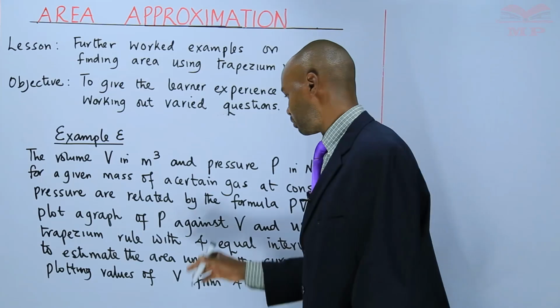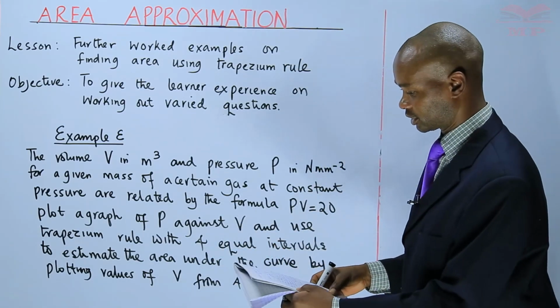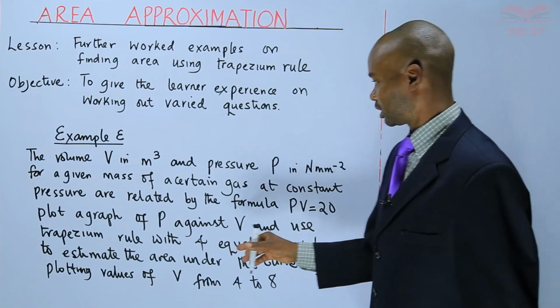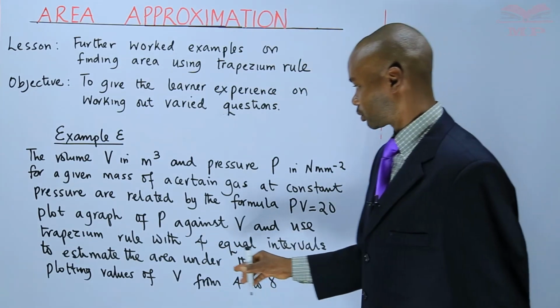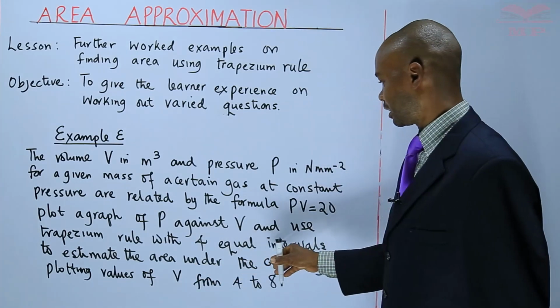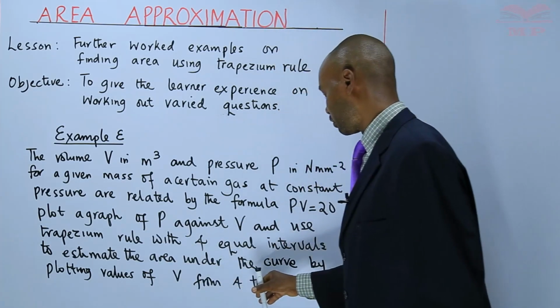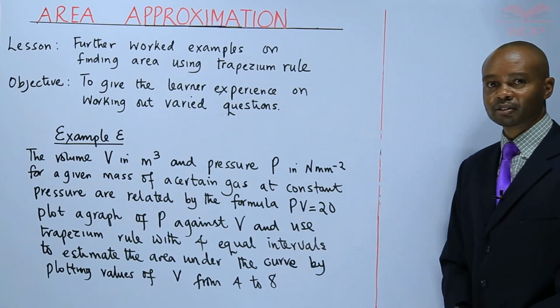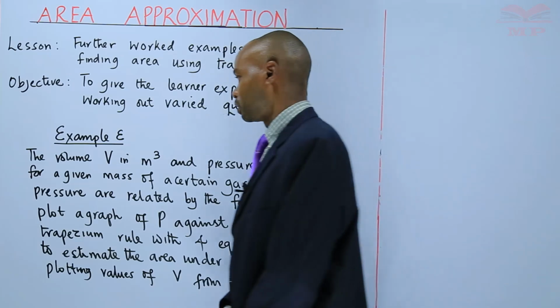Plot a graph of P against V and use the trapezium rule with 4 equal intervals to estimate the area under the curve by plotting values of V from 4 to 8.